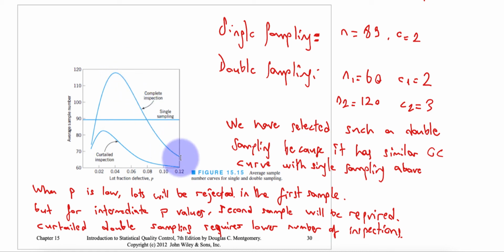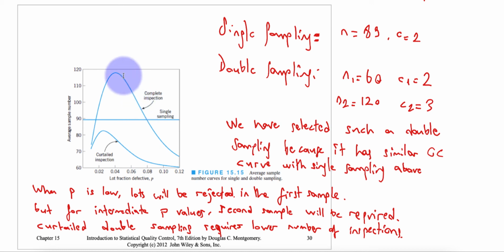But notice that here we have inspected all of the samples, right? In the first sample, we have inspected all of them. And if we couldn't make any lot disposition after the first sample, we go with the second sample. And we have inspected all items in the second sample also.